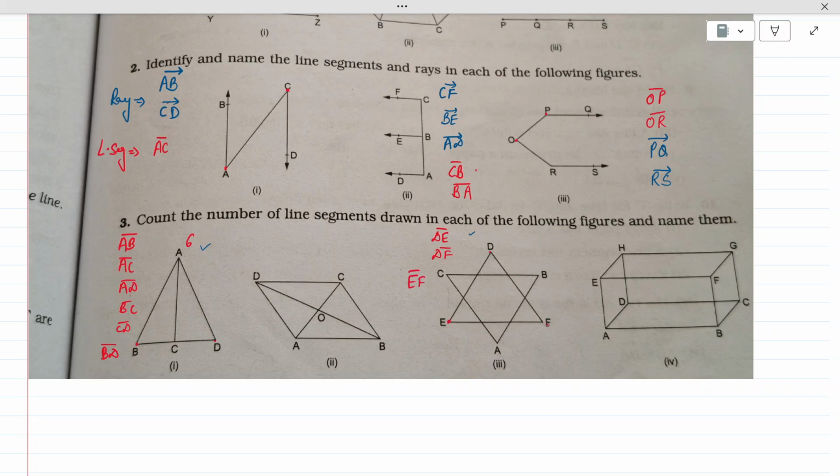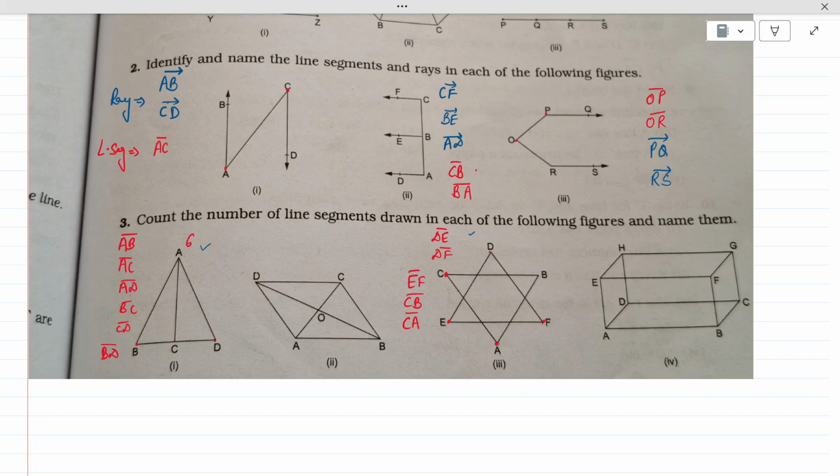Now coming to F. F and D, which is equivalent to DF. So we will not repeat. F and E, which is equivalent to EF. Again, we will not repeat. So these 3 points are covered. Now coming to this triangle, which is upside down. Okay, so we will start with C. We have CB and CA.